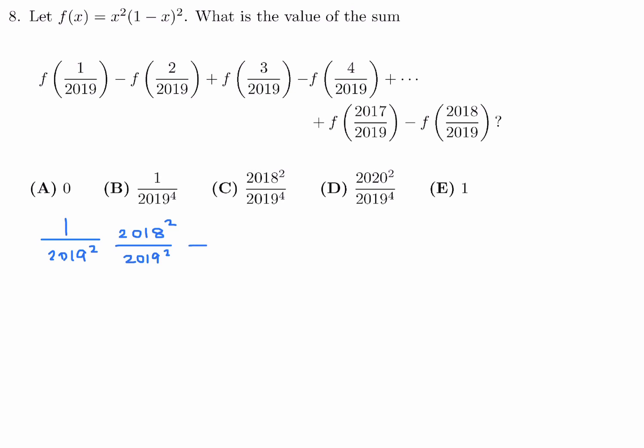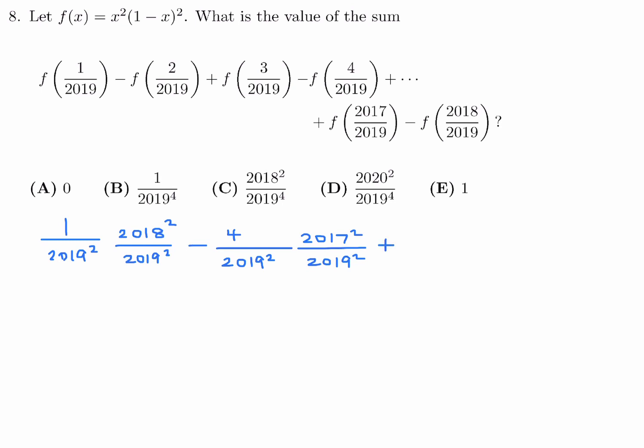Okay, let's keep going here. The next one looks like it'll be 4 over 2019 squared, times 2017 squared over 2019 squared. And keep in mind it's a negative. And the next one is a positive.